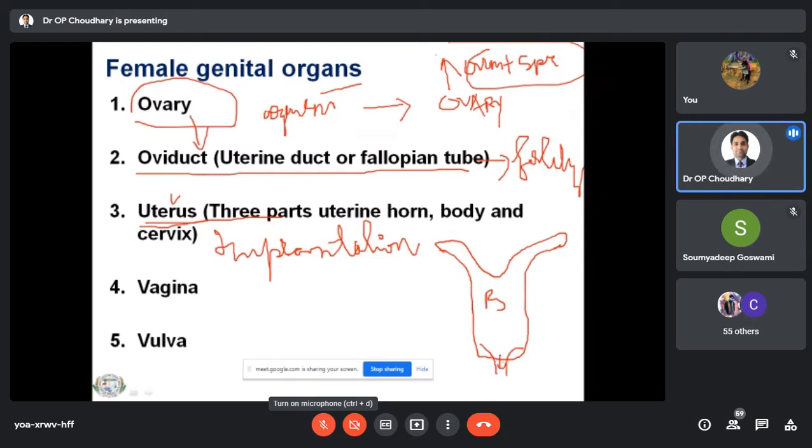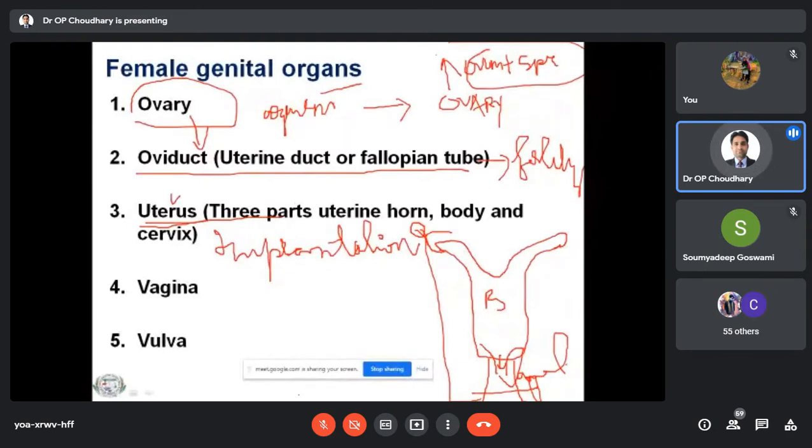Cervix is the most dilated part of the uterus. Then this cervix continues with the vagina. The ovary, oviduct, uterus and vagina are the internal organs, meaning you will not be able to see them from the outside.